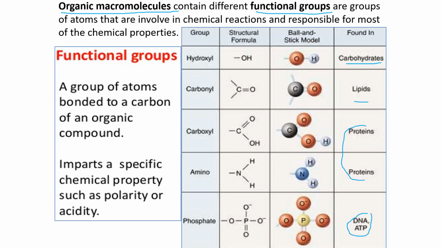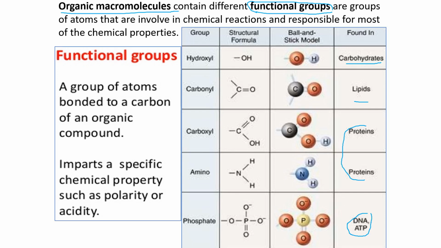They all have different chemical structures, and because of this they have different functions, what they perform and what they can do. Again, function depends on the structure, and they have special functional groups.